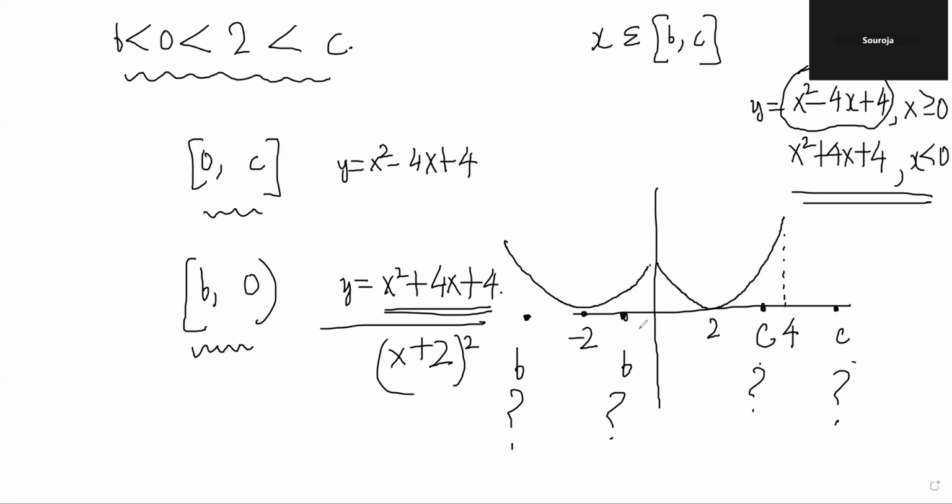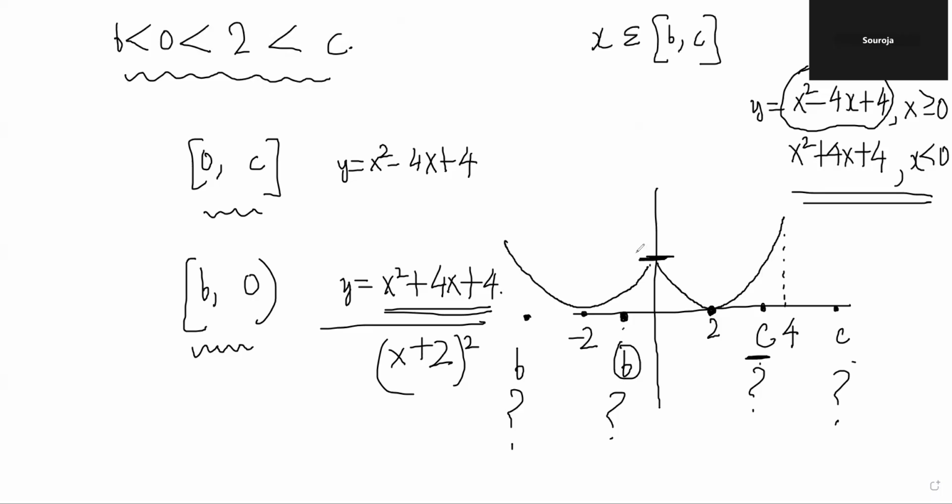Now we have to do maxima minima of this function from b to c. So one case is b is somewhere here and c is here. In that case, you can see minima is at this point, and maxima is at this point. Do you understand what I'm saying? B is ahead of minus 2 and C is less than 4.